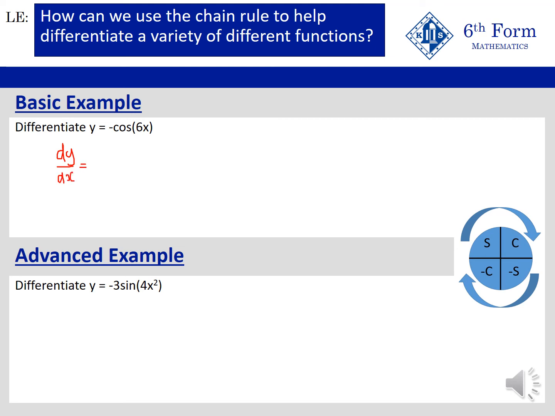Because negative cosine is going to differentiate to positive sine, we're going to end up with sine of 6x. The function on the end of the trig is staying exactly the same.